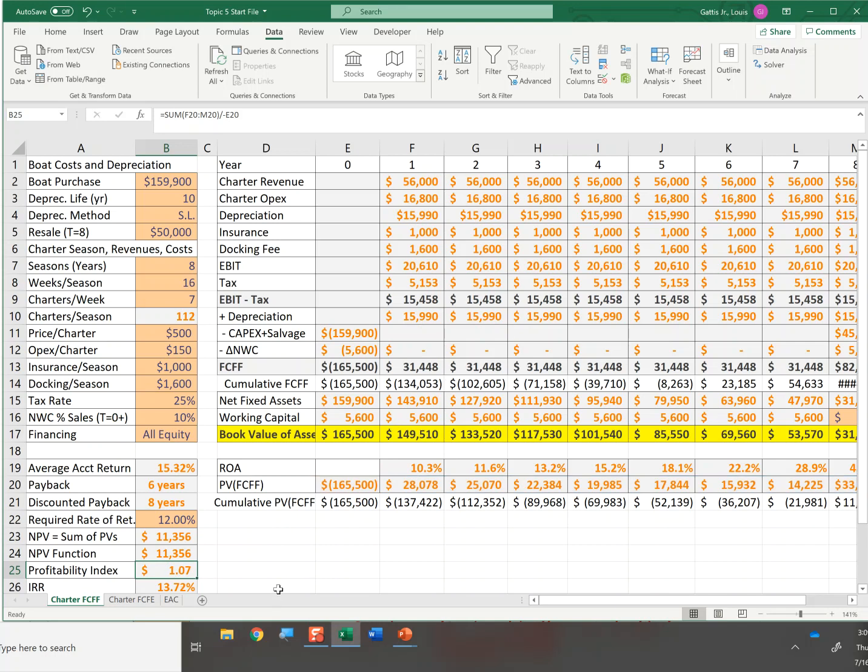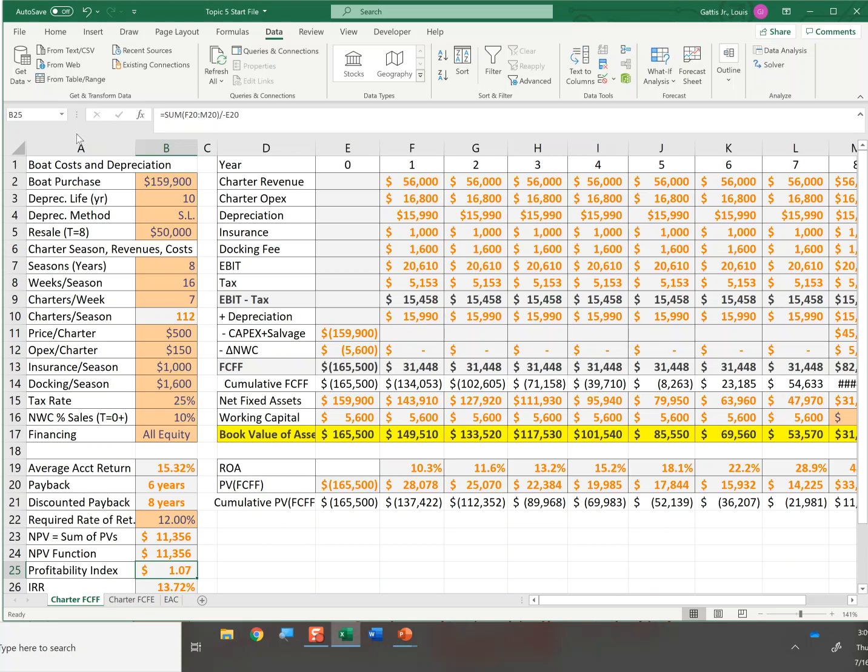So it's the sum divided by 165. And notice the number is 1.07. If the number was equal to 1.00, what that means is the present value of future cash flows is exactly equal to the initial investment. And what that would signal is the NPV is equal to 0. So if you have a profitability index greater than 1, that means the NPV is greater than 0. So I would accept all projects that have a profitability index greater than 1.